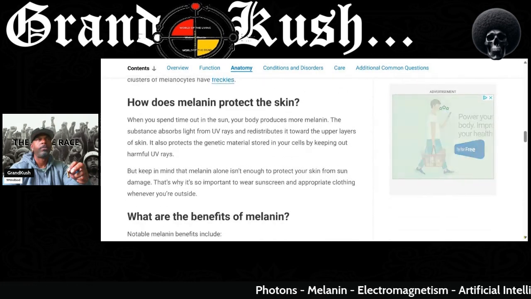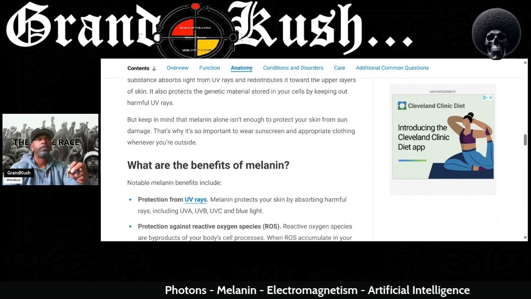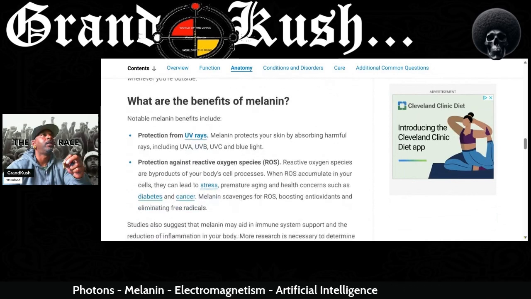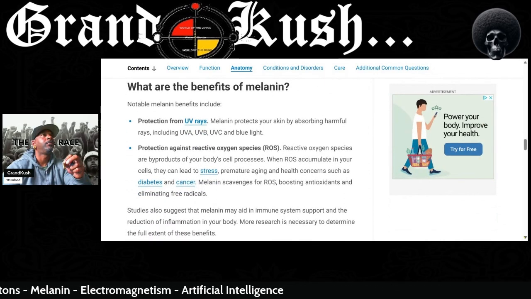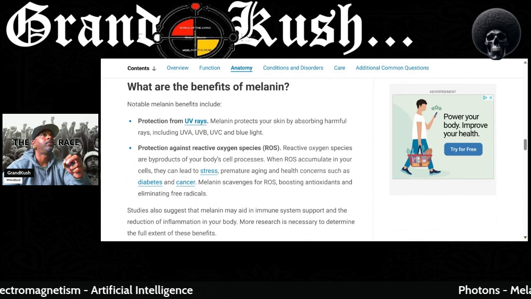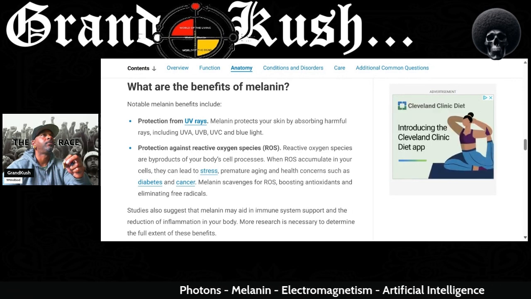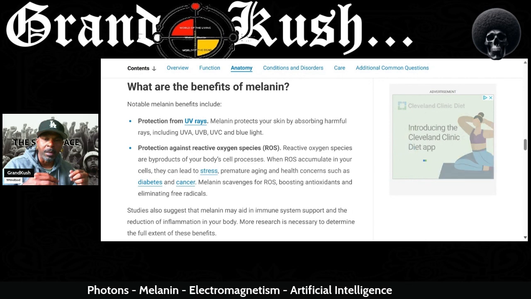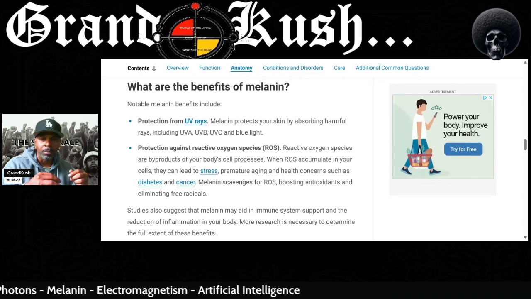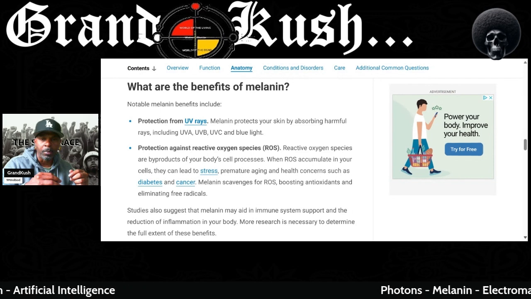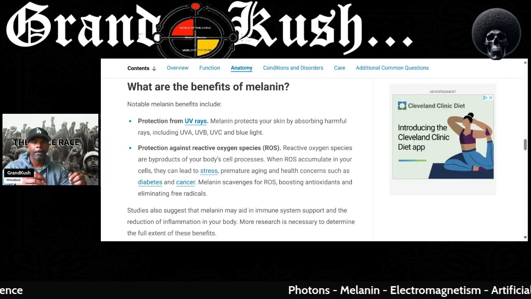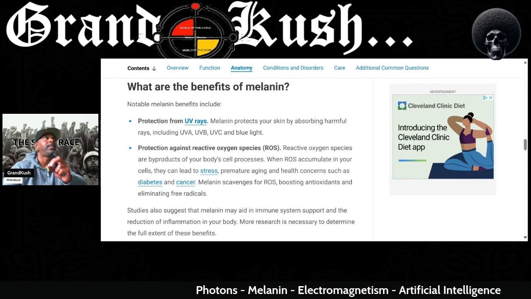Okay, we got melanin protection, benefits of melanin. Protection from UV rays. Melanin protects your skin by absorbing harmful rays, including UVA, UVB, UVC, and blue light. Protection against reactive oxygen species.